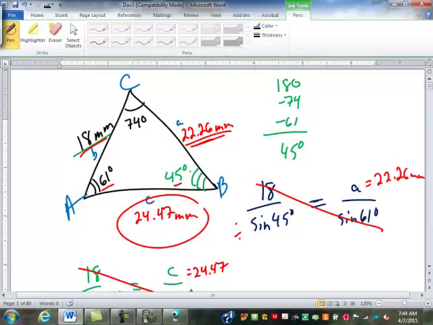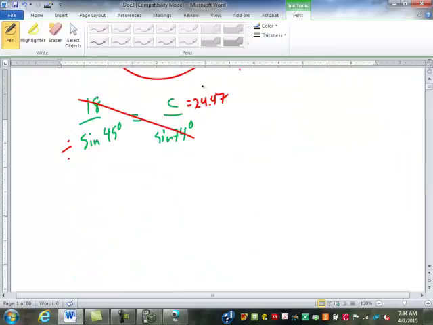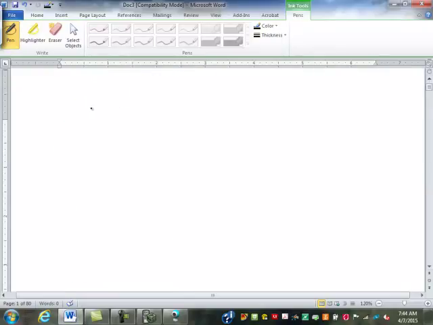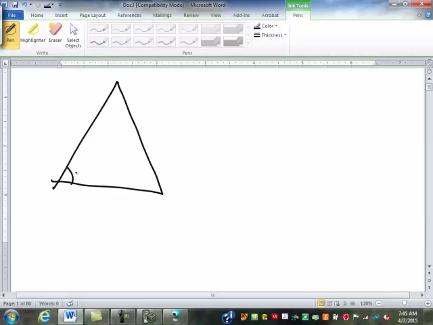Well, that was the case where we were given 2 angles and a side, and that was always a relatively simple case. What if we are given 2 sides and an angle? Let's say that this angle here is 67 degrees.